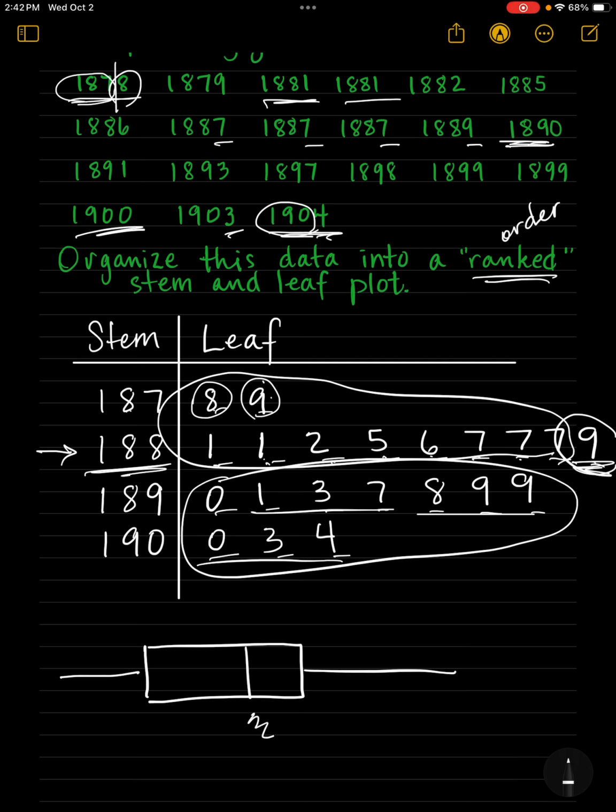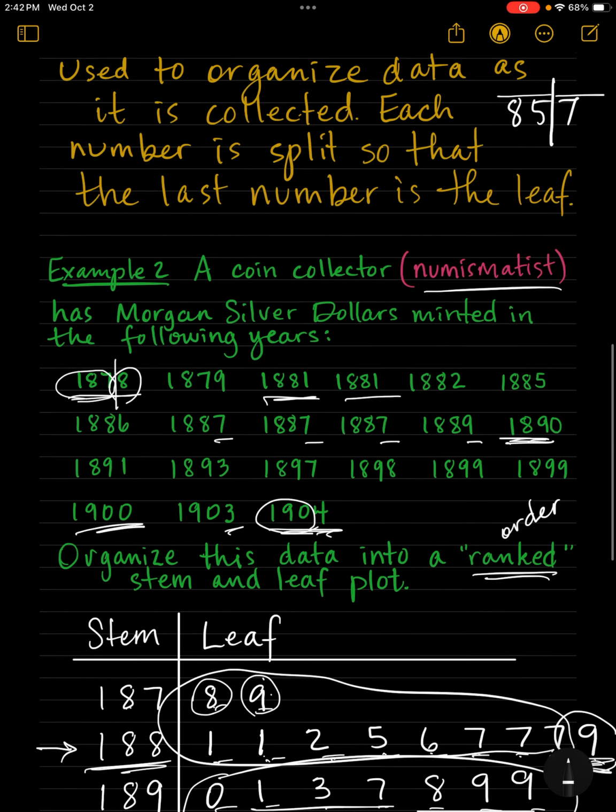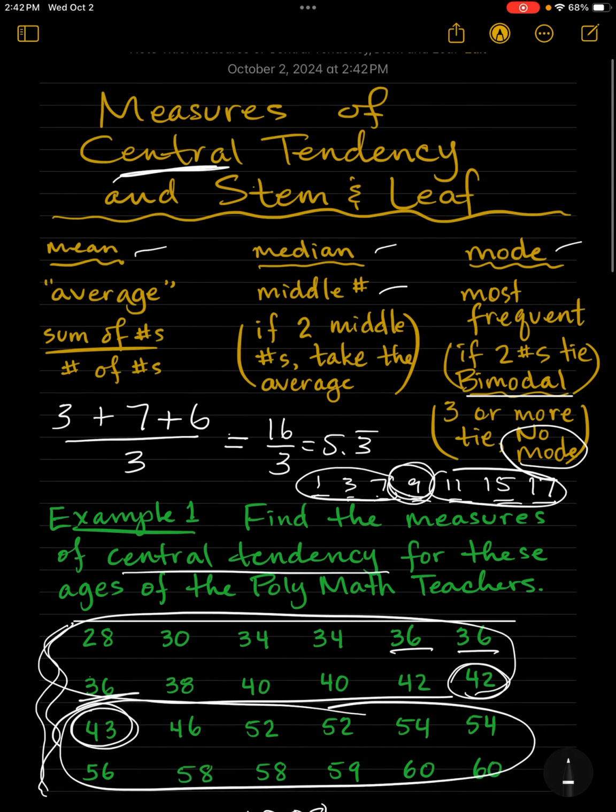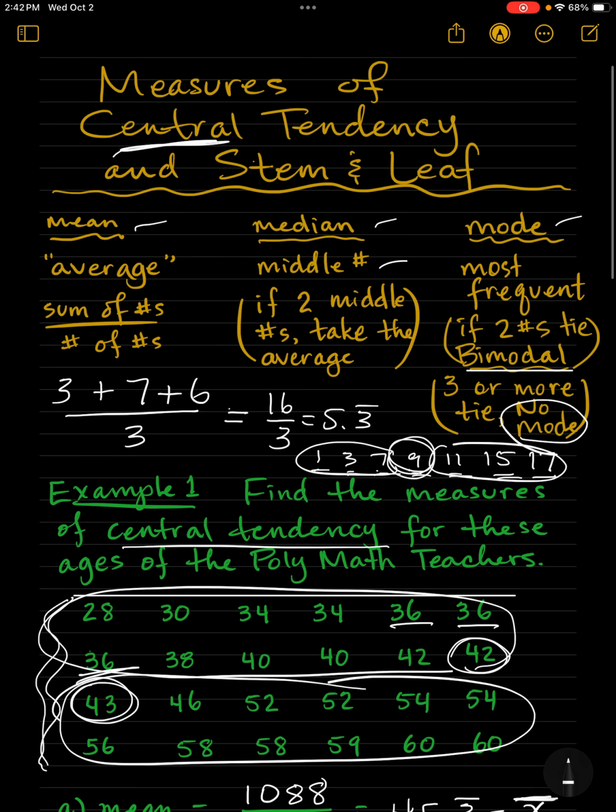We put our median here, lowest number here, highest here, and our low hinge, which is our low median, and our upper hinge, which is our upper half median. If you want more information about that, you can go back to the last video, which is called Box and Whisker.